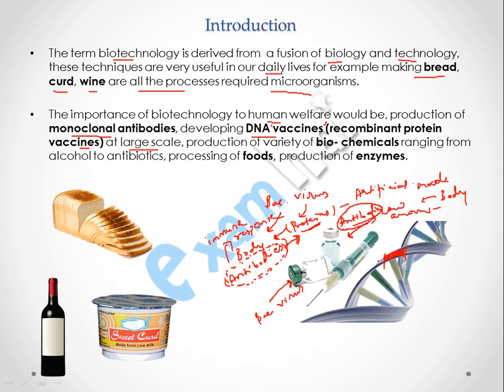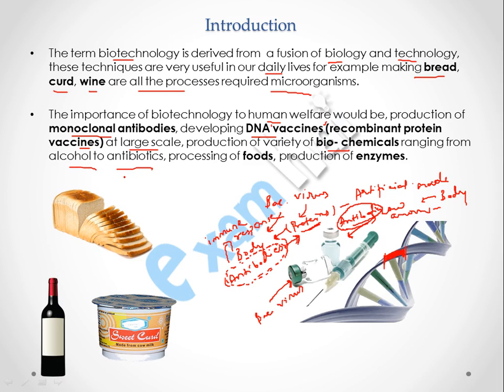The vaccine would be produced, and the DNA vaccine would be produced, which can be used further for the immune response. Okay, now next is the production of a variety of biochemicals ranging from alcohol to antibiotics.